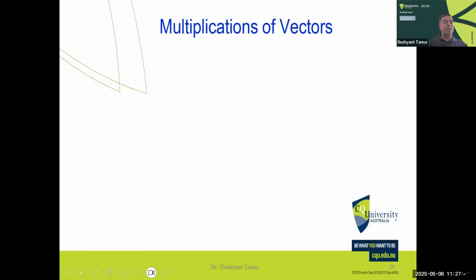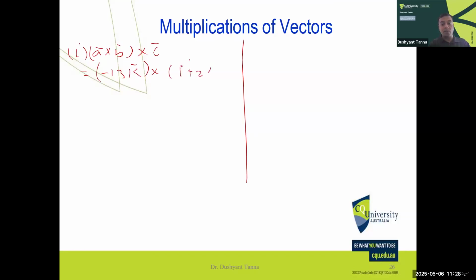Now the second one. I'm going to split it into two parts. So first, I'm going to do A cross B cross C. A cross B is minus 13k cross with i plus 2j. Now, leave the minus 13 outside. k cross i plus minus 26. You don't need plus and minus both. If you want, simply say minus 26. k cross j.